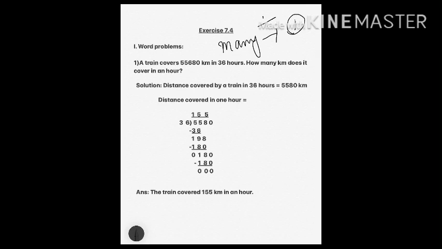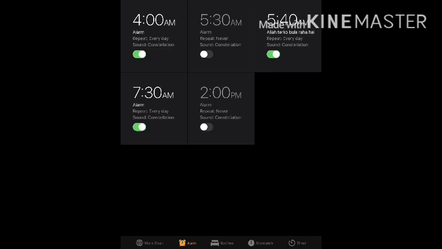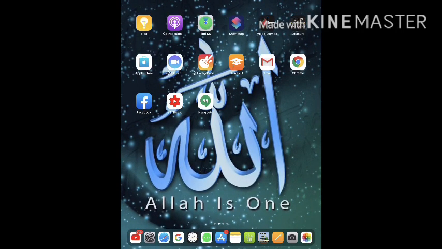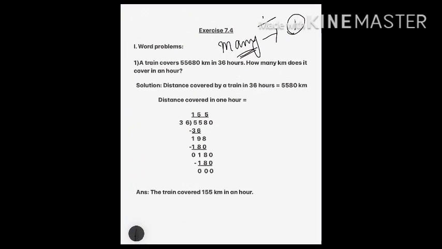All right, so this is the unitary method.